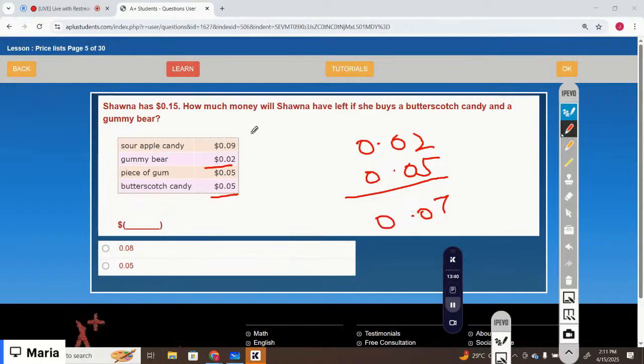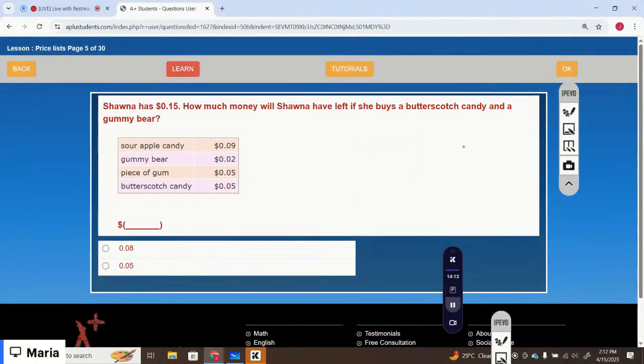So let's just subtract 0.15 minus 0.07. 15 minus 7 is 8. That is $0.08. Option number 1 is the correct option.